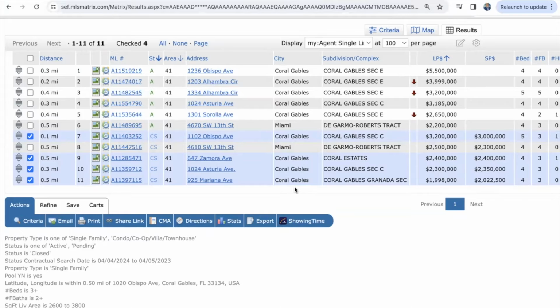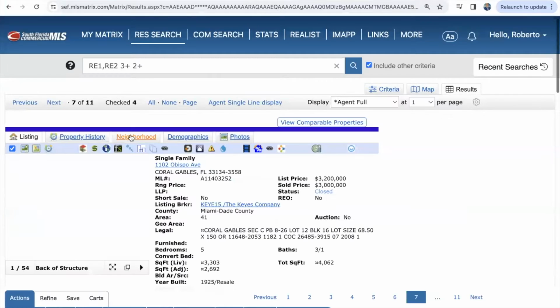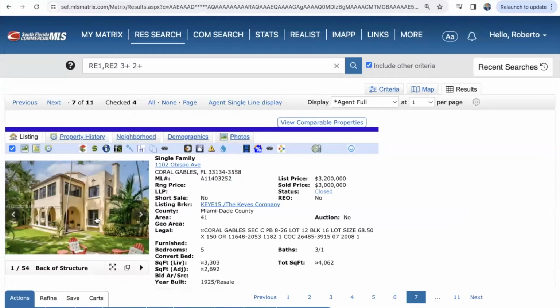Okay. This one here is pretty much the neighbor. It's 1102 Obispo. It sold for $3 million. Let's take a look. All right. When you're doing valuations of property, it's very important that you take a look at the property and see the conditions of the property and try and find the reason why it sold for that much or why it sold so low.